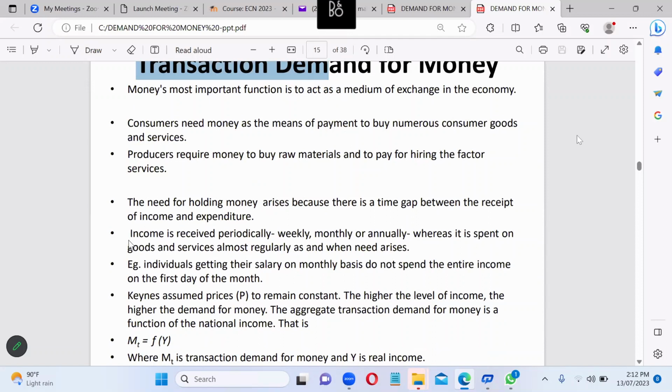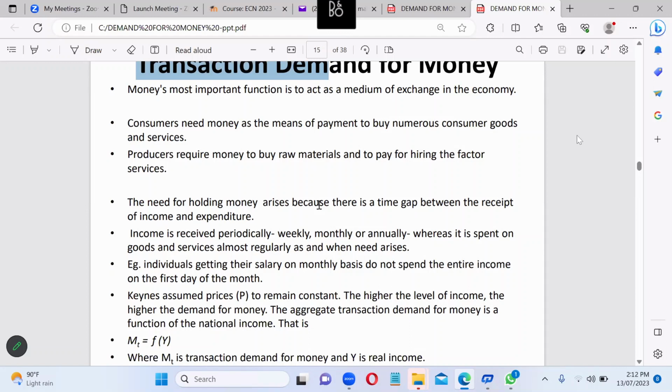So here, the need for holding money arises because there is a time gap between the receipt of income and expenditure. Once you earn money, only then can you go for a transaction.